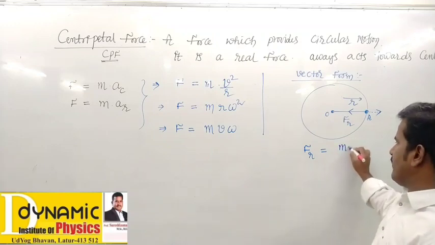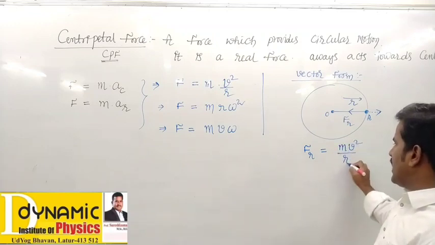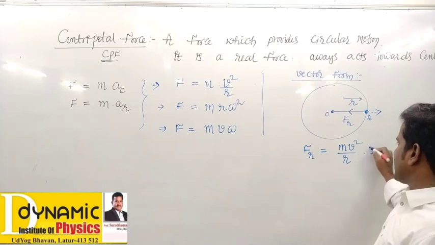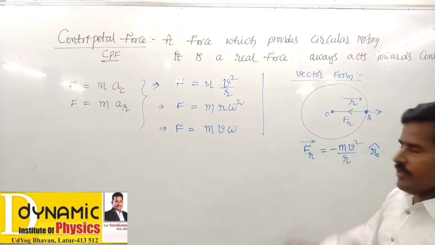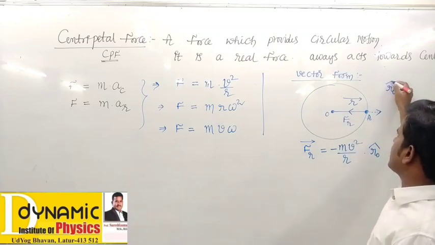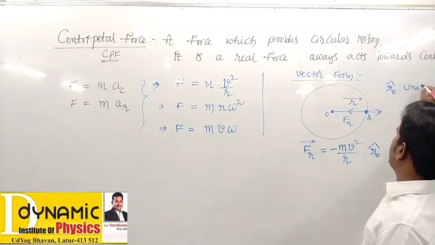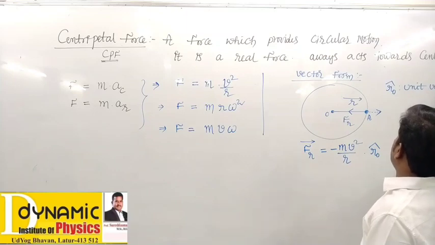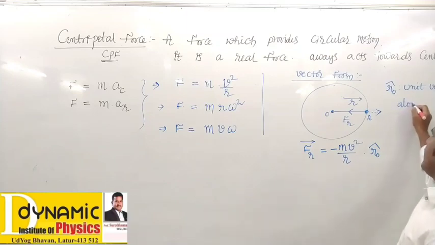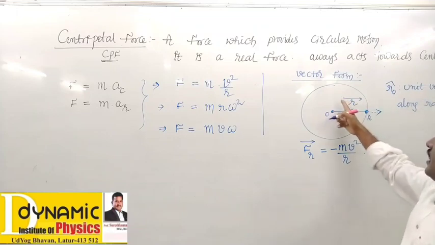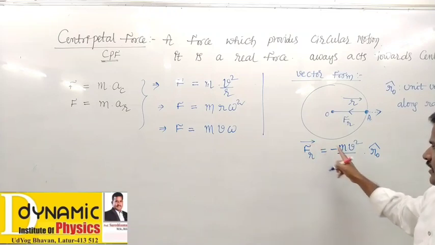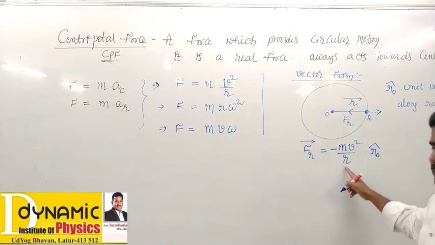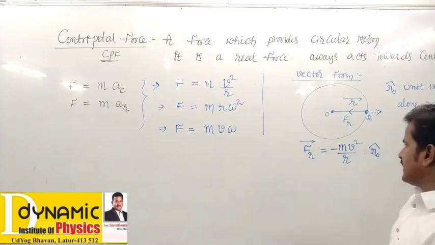It is written as M V square upon R into r naught cap, the unit vector, so minus FR bar. So r naught is the unit vector, its direction along the radius vector. FR bar equals minus M V square upon r into r naught cap.